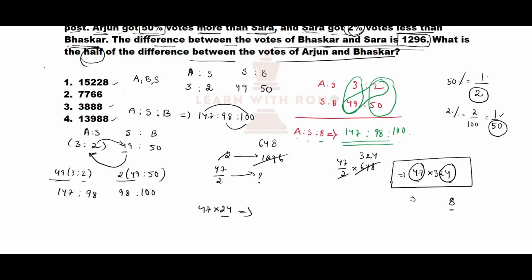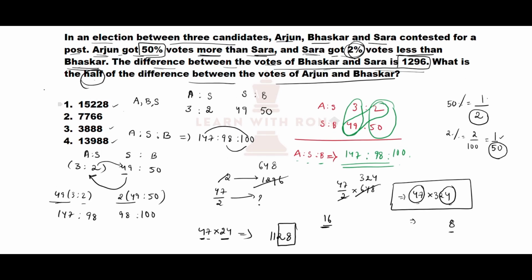See here, 24 sevens how much? 140 plus 28, 168. 16 carry forward, and 24 fours how much? 80 plus 16, 96. 96 plus 16 how much? 112. So my answer's last 2 digits are 2 and 8. Means 28 is my last 2 digits, which is option number 1.